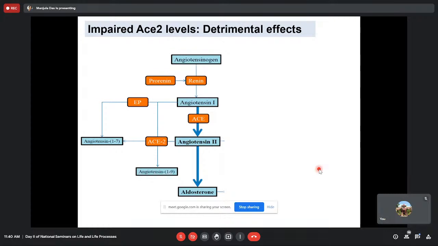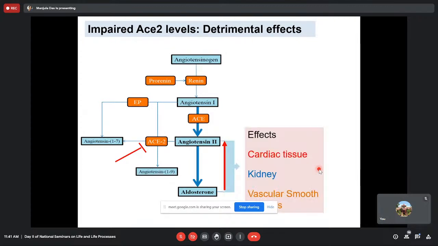If ACE2 is impaired, which I mentioned earlier, when they were trying to stop the viral entry, they developed multiple inhibitors of ACE2. If ACE2 is inhibited, then angiotensin 2 levels will be elevated, and thereby it will impair the balance of the RAS pathway, whose goal is to maintain a normal arterial blood pressure range by controlling water and electrolyte homeostasis.